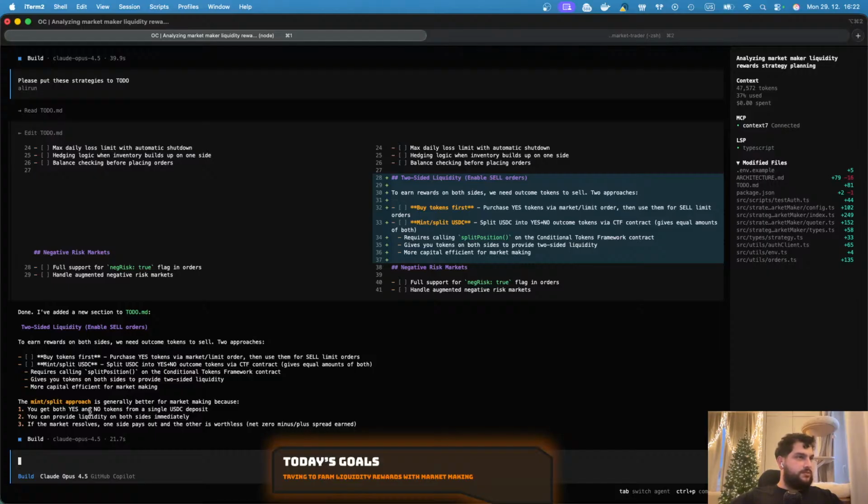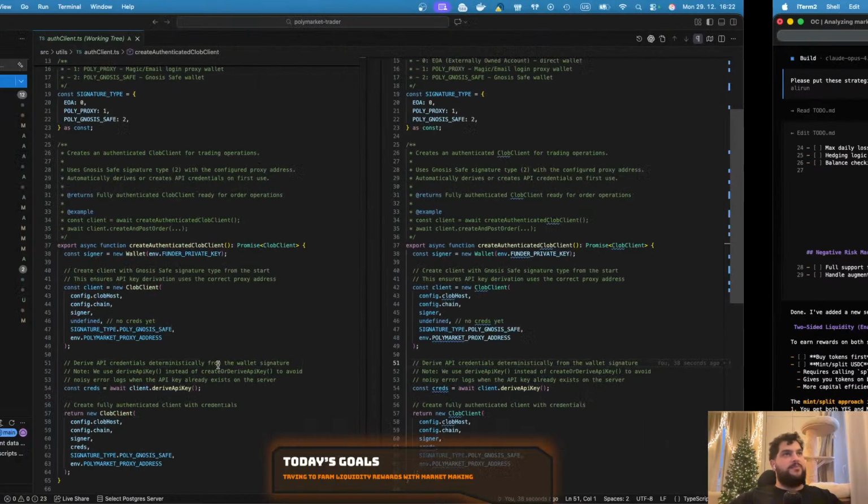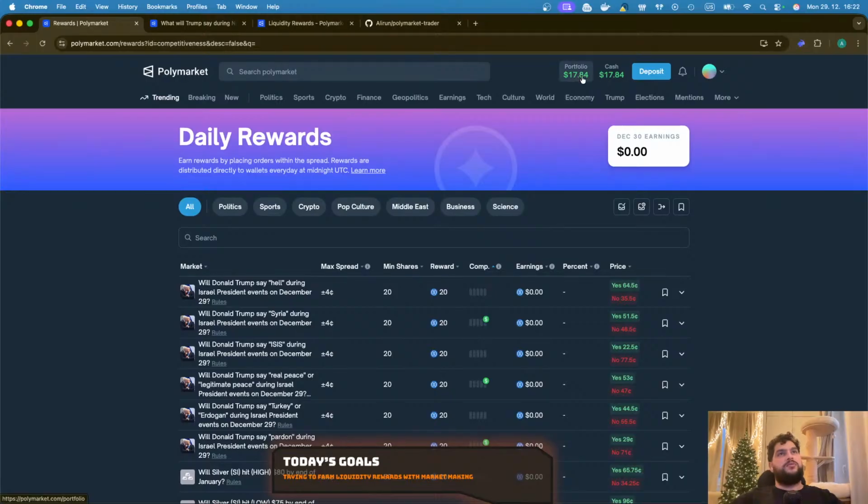It gives you tokens on both sides to provide two-sided liquidity, more capital efficient for market making. And why is that? You get both yes and no tokens from a single USDC deposit, so you can provide liquidity on both sides. Yeah, but the maximum tokens we can mint now is 17, right? So 17 yes and 17 no's.